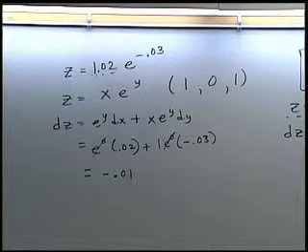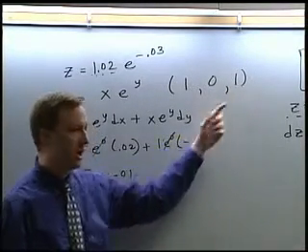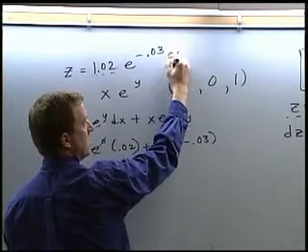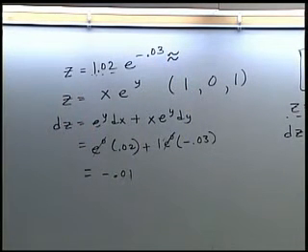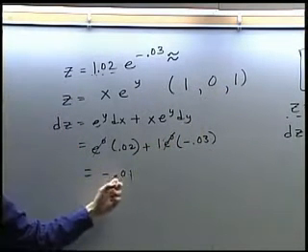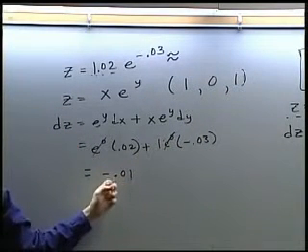So if I was at 1 and my change is this, what do I approximate this answer to be here? If I was at 1 and my dz is this, where am I at?